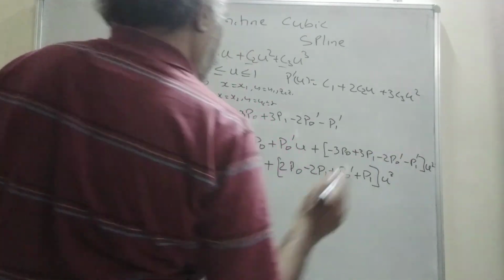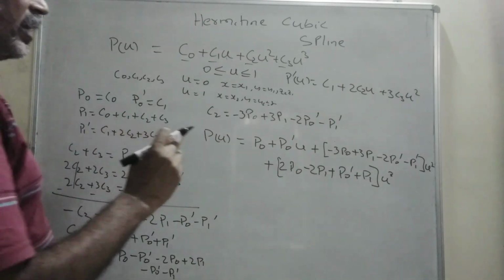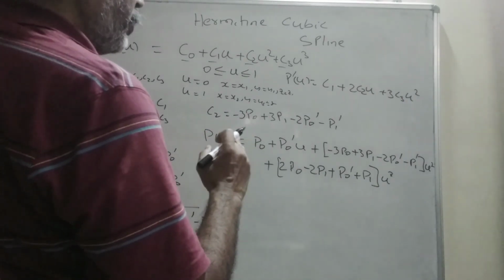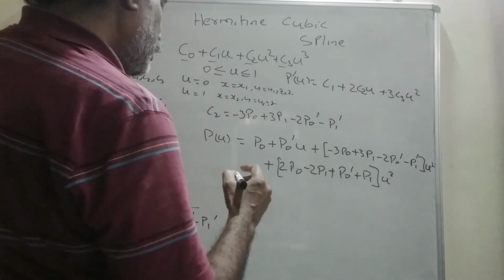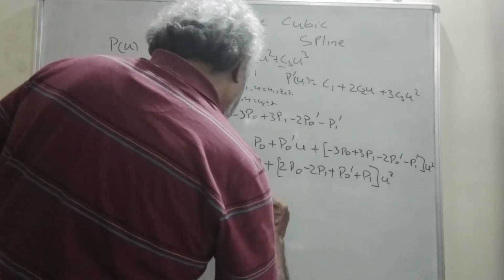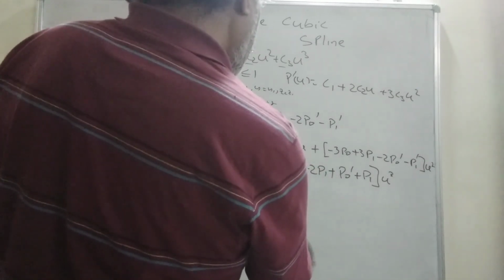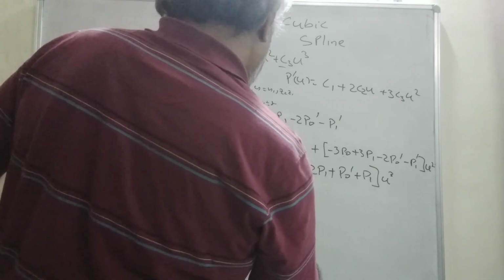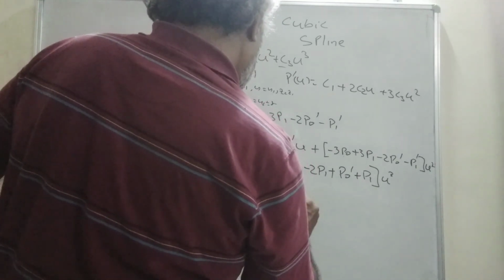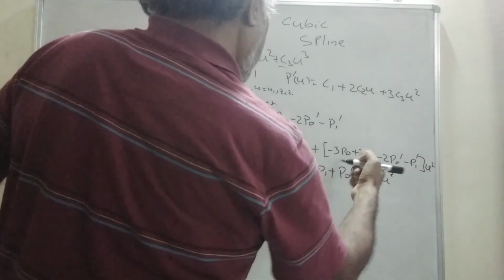Now, from this equation, you have to classify P0, P1, P0 dash and P1 dash separately. So if I take P0, what are the values? P0 is here, minus 3P0 is here, so it is 1 minus 3U square.